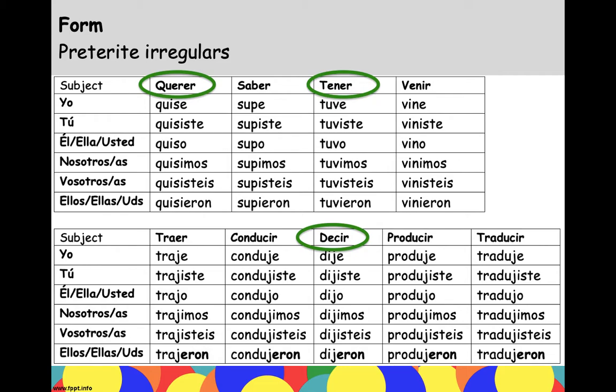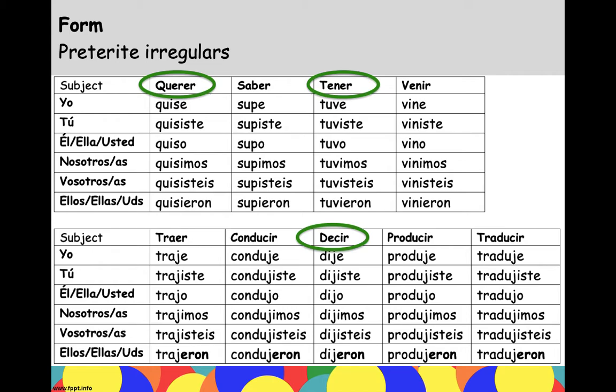And the next one, venir, to come. So vine, I came, viniste, you came, vino, he or she or it came, etc. Again, it is an important verb, but you can kind of get away with not needing to use it that much at GCSE. So I think just being able to recognise it. Be careful with vino, because obviously vino is also a noun meaning wine.